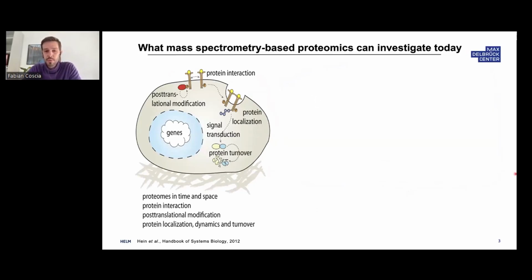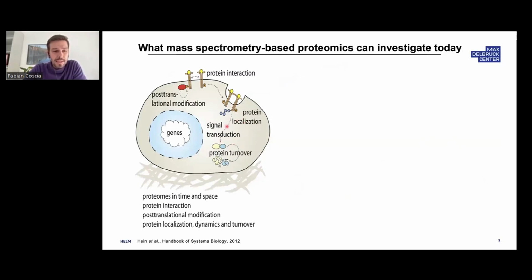Mass spectrometry-based proteomics really summarizes a core technology that comes in very different flavors and subdisciplines, allowing us to look at various aspects of the proteome, important for basic science, but also for clinical research. For example, we can analyze and study protein abundance in cells, for instance in the tissue context.